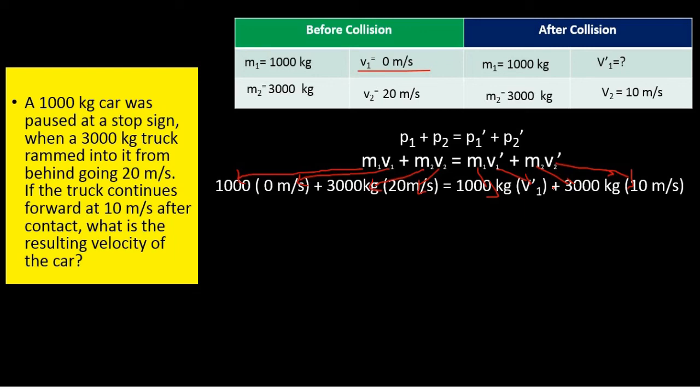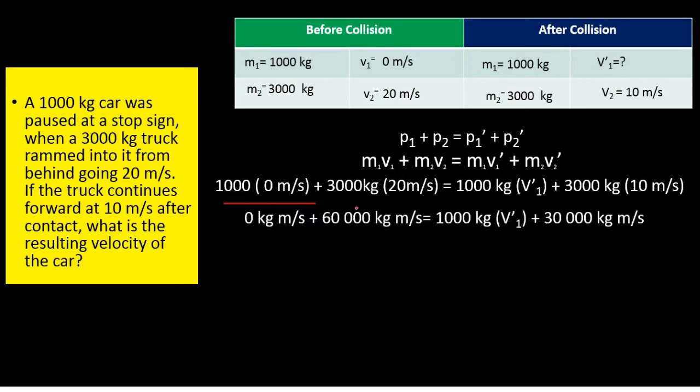Then you simplify. 1,000 multiplied by 0 is 0, then 3,000 times 20, that's 60,000 kilogram meter per second. Then 1,000 kilogram multiplied by V1 prime, you just simply copy, can't do anything about it. Then 3,000 kilogram times 10 meters per second, and you get 30,000 kilogram meter per second.